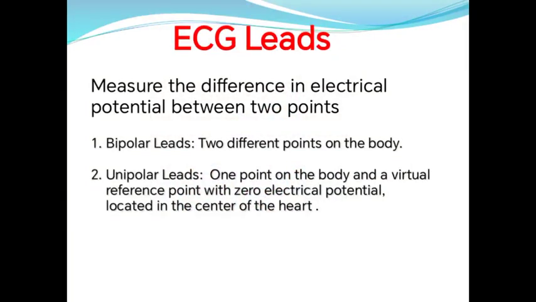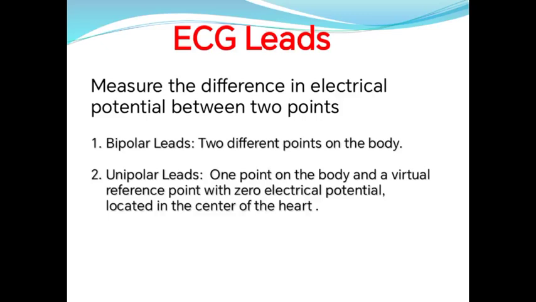Okay, we'll talk about the ECG leads here. The ECG leads measure the difference in electrical potential between two points. You have what's called bipolar and unipolar leads. The bipolar lead uses two different points on the body.